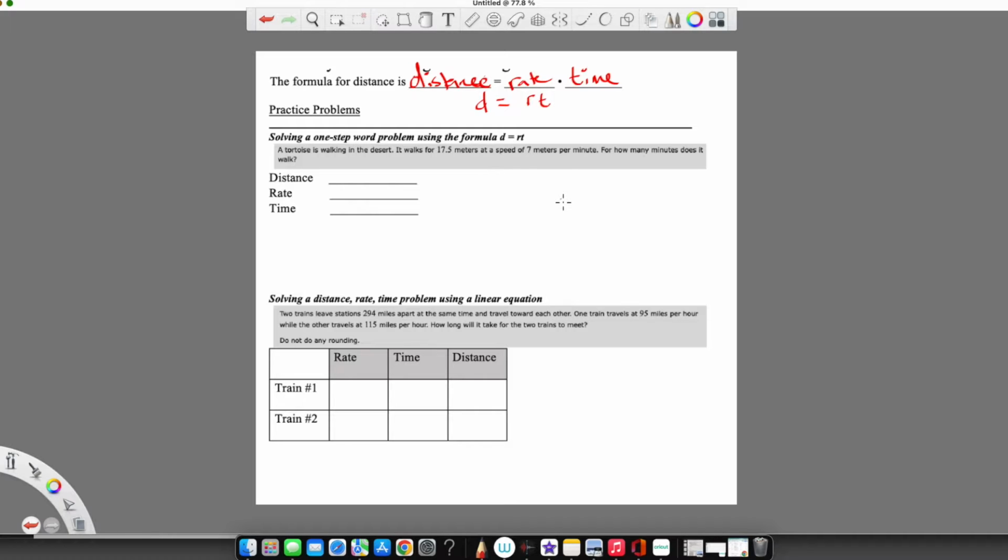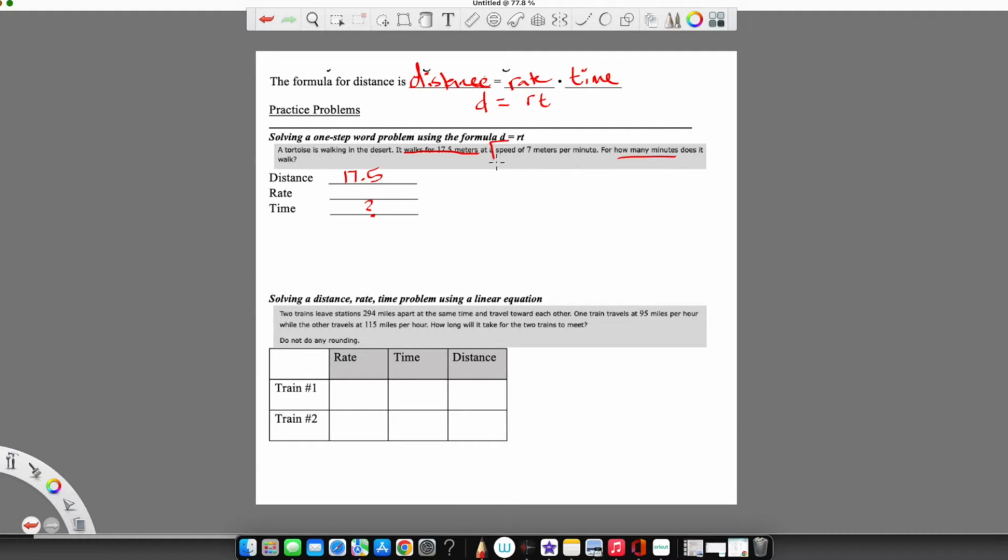So with this one, a tortoise is walking in the desert. It walks for 17.5 meters at a speed of 7 meters per minute. For how many minutes does it walk? If we think about the question, that means I don't know the time, because I don't know the number of minutes. The distance is going to be meters or miles or feet.